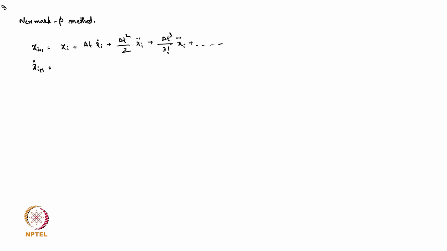Okay, so x dot i plus 1 will be x dot i plus delta t.